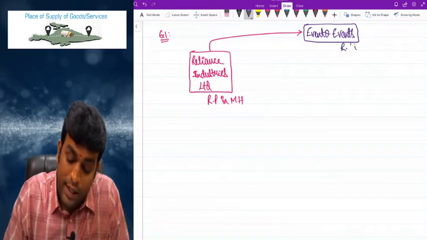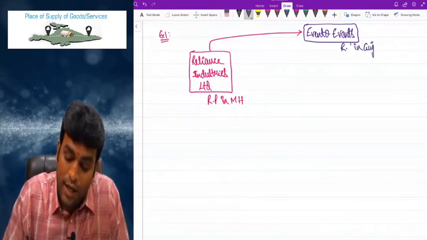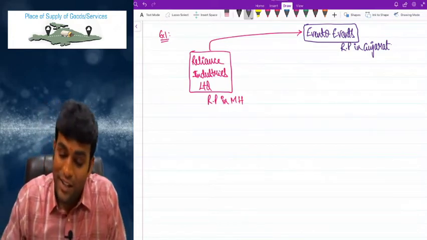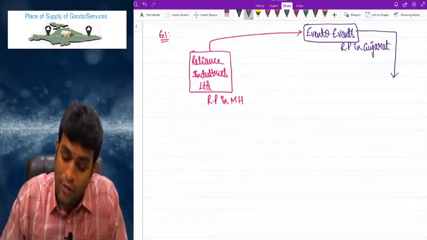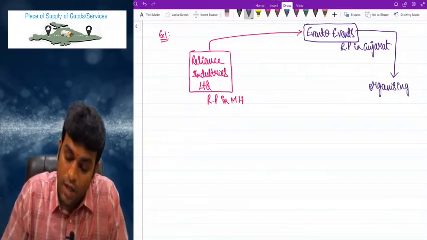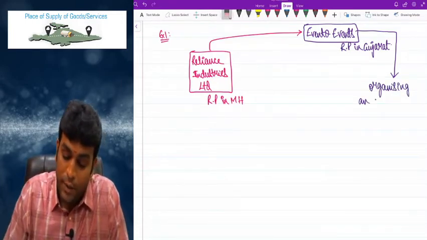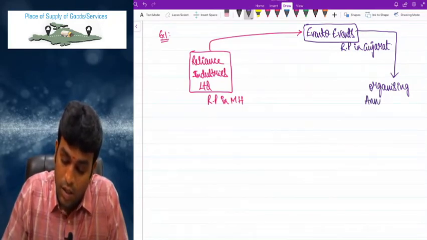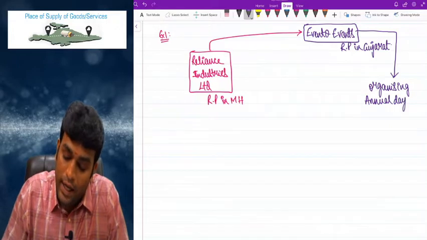Evento Events is a registered person, let's say in Gujarat. They contacted Evento Events for the purpose of organizing an annual day event.